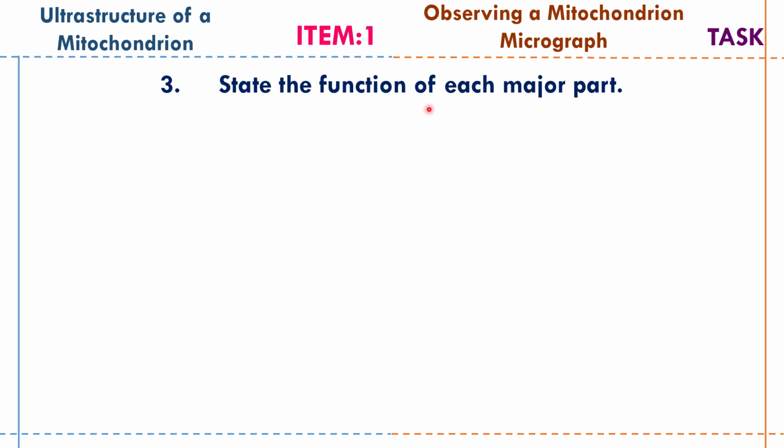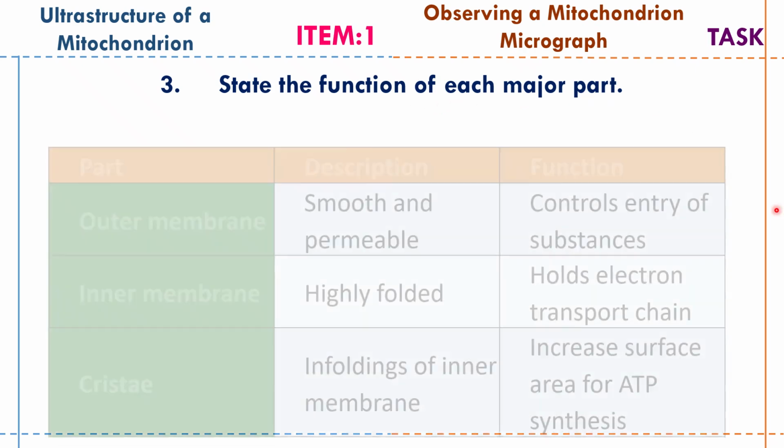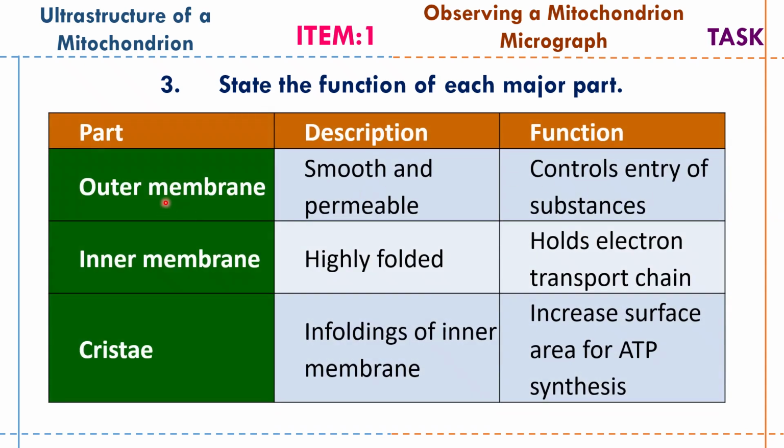State the function of each major part. The parts, the description and the function. Outer membrane: it is smooth and permeable. It controls entry of substances.